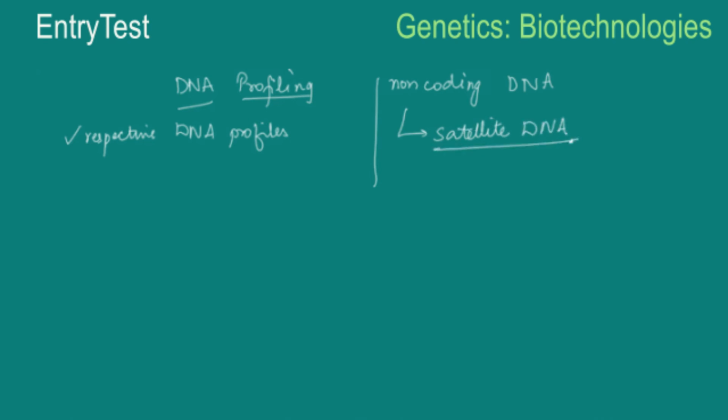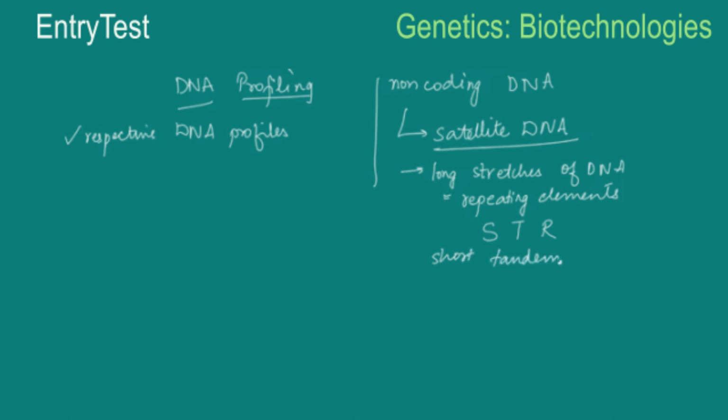What is the satellite DNA? This is basically composed of long stretches of DNA that are made up of repeating segments or repeating elements of bases called short tandem repeats.